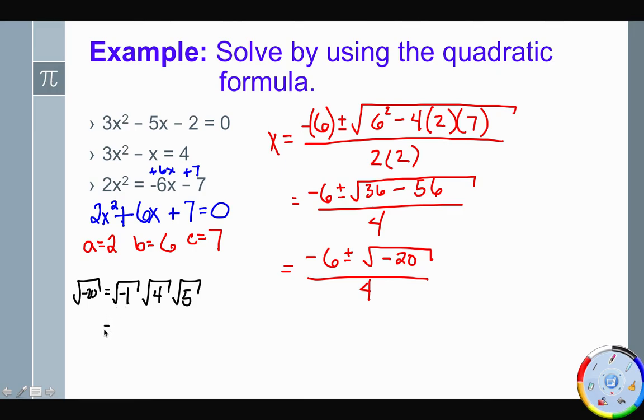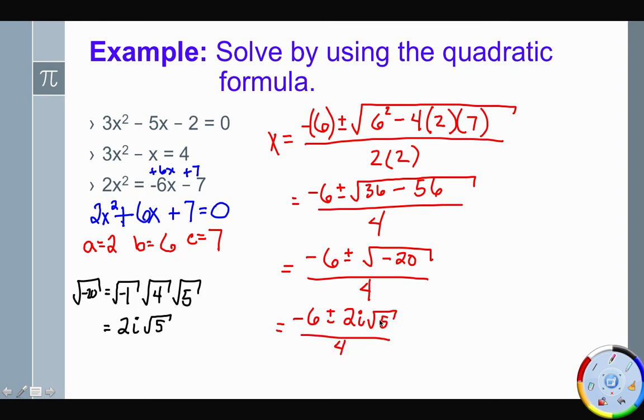So I get 4, square root of 4 is 2, square root of negative 1 is i, and the square root of 5 stays the square root of 5. So that means back here we get negative 6 plus or minus 2i radical 5 all over 4.